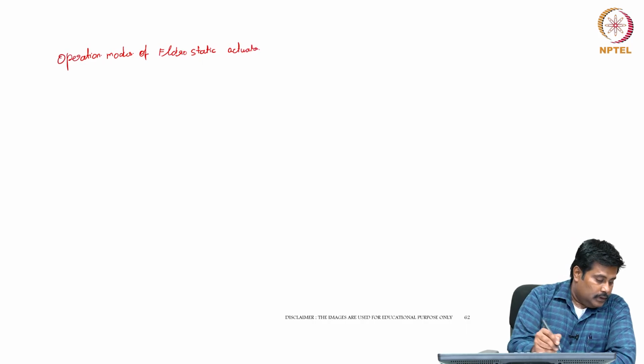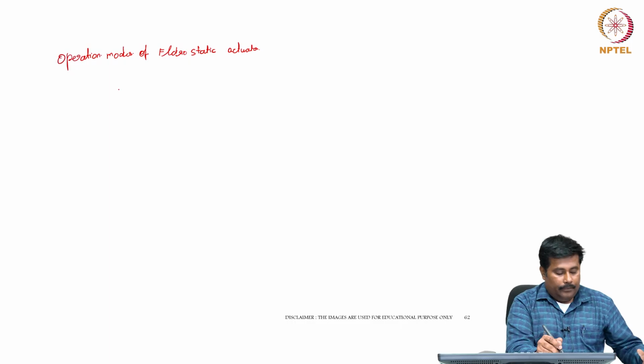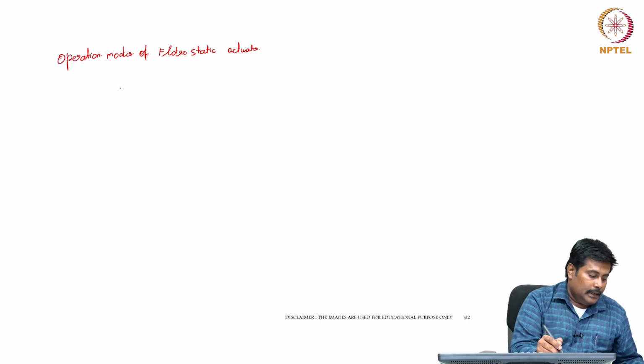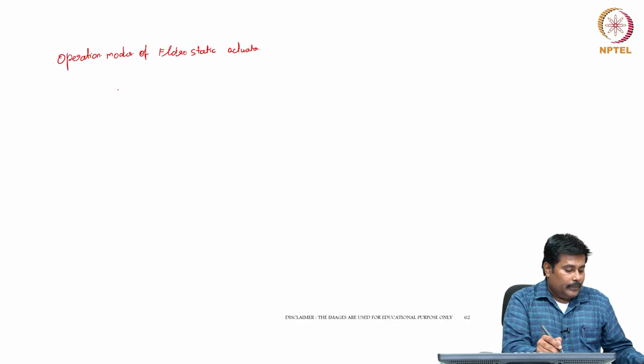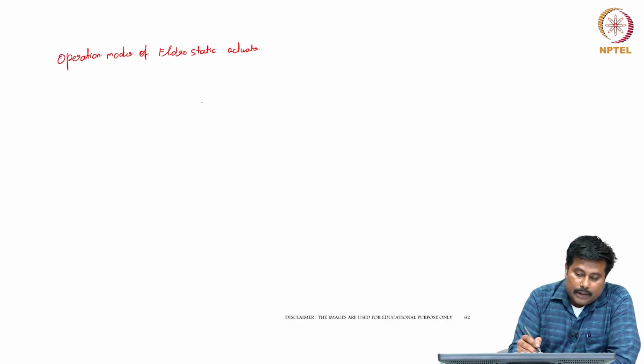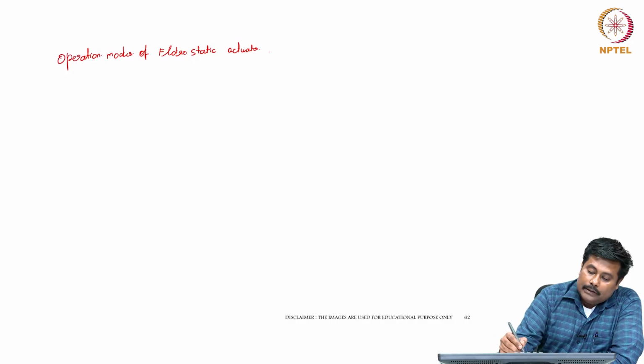So ideally we have an attractive force and a repulsive force in place. Let us take a simple case by considering the various repulsive actuators, where the attractive electrodes and the repulsive electrodes are appropriately taken into consideration. When we look into the modes of this particular electrostatic actuator, these modes are classified into two.